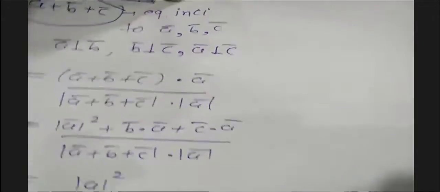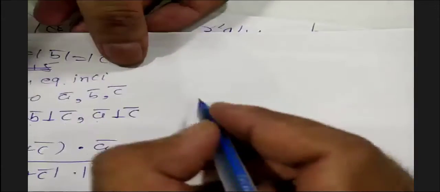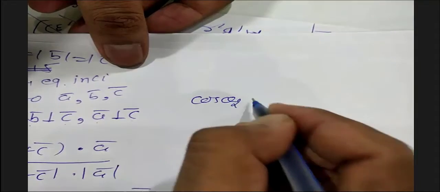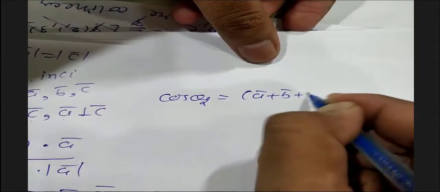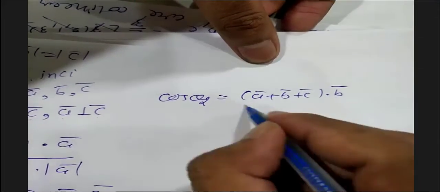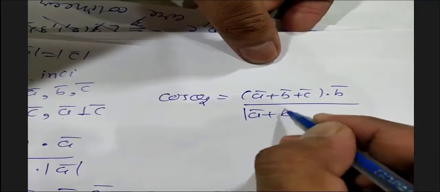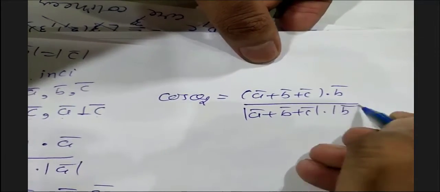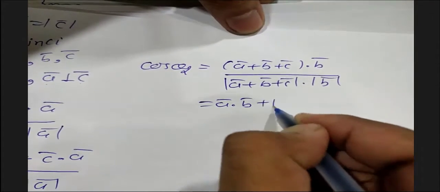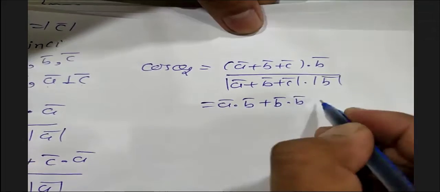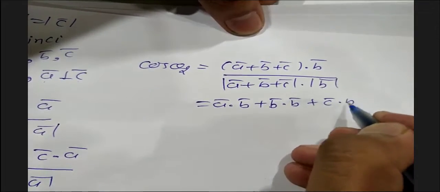Now let's find cos θ2. So cos θ2 is the angle with B bar, upon the magnitude. Let's multiply: A bar dot B bar, B bar dot B bar, C bar dot B bar.